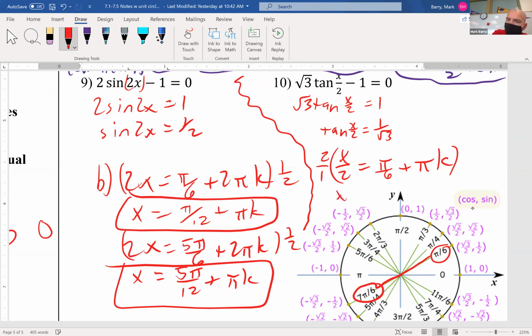And that tells me that x equals 2 over 1 times pi over 6. I would cross cancel the 2 and the 6. It would leave me with pi over 3. And then 2 times pi k would be 2 pi k. So this one, even though it's plus 2 pi k, they still are diameter buddies. It's just that multiplying by 2 made it a 2 pi k. Okay?